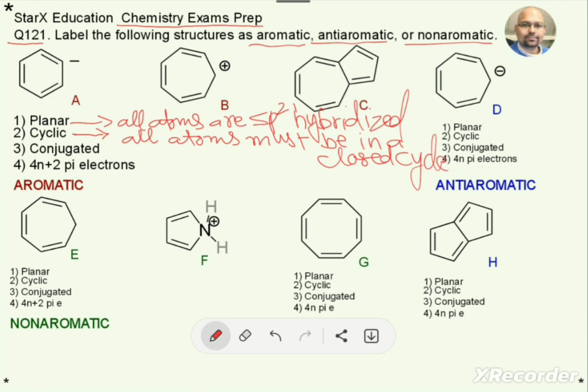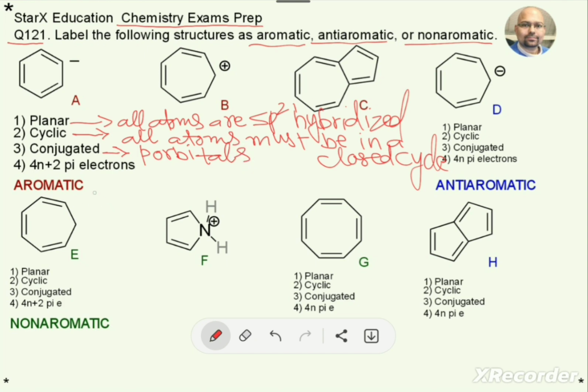Alright, the third condition is that there has to be conjugation, which means that all atoms taking part in the aromaticity must have a p orbital, because the pi electrons can move in resonance in p orbitals.